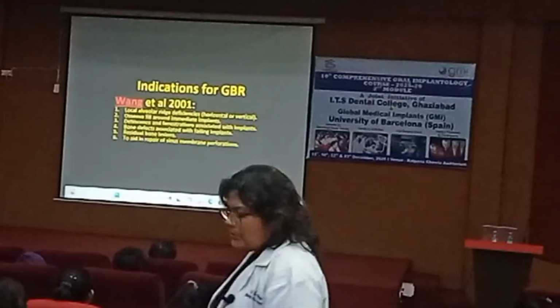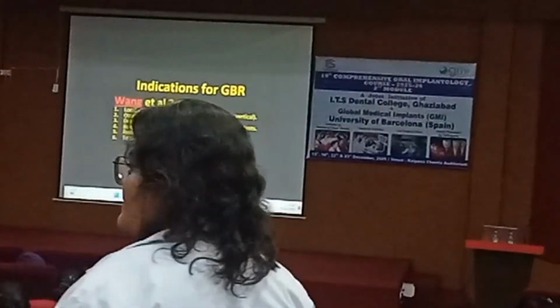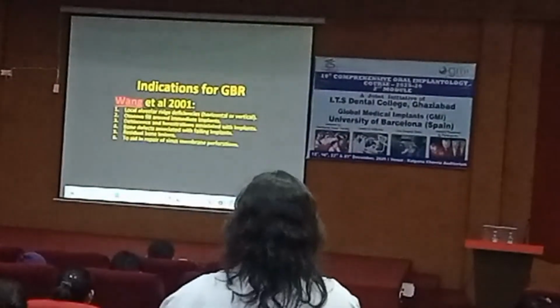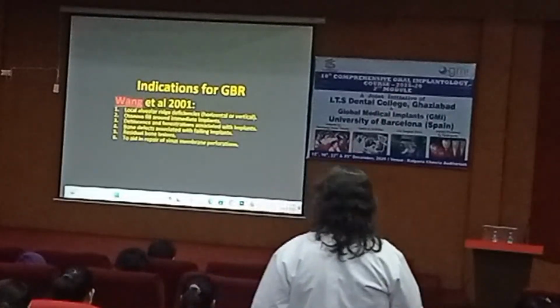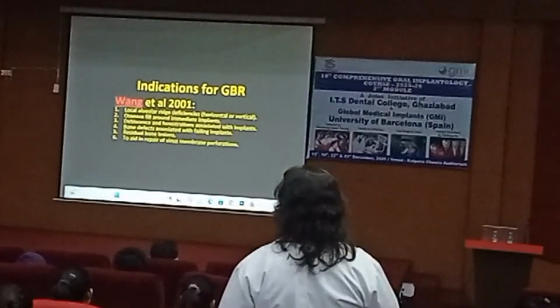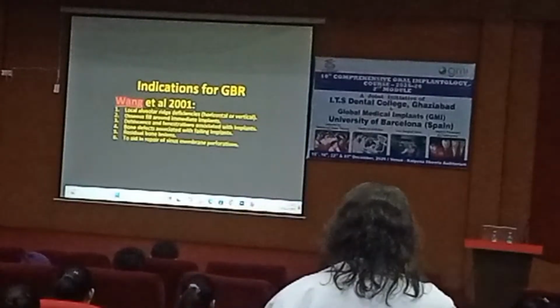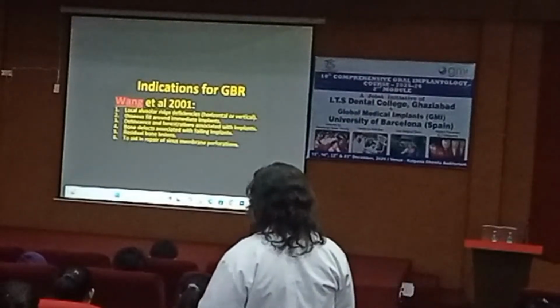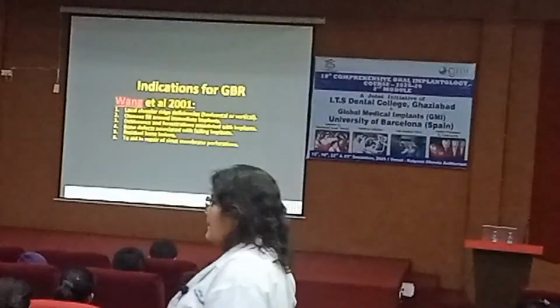So coming to the indications for GBR, I guess the 5 principles of GBR is clear. Okay. So coming to indications, which we have already discussed. Local alveolar ridge deficiencies, which could be horizontal or vertical. Osseous fill around immediate implants, cases where we have dehiscence and fenestrations, bone defects associated with a failing implant, right?